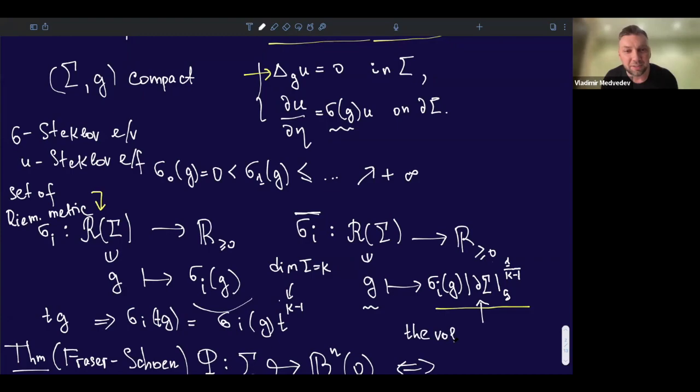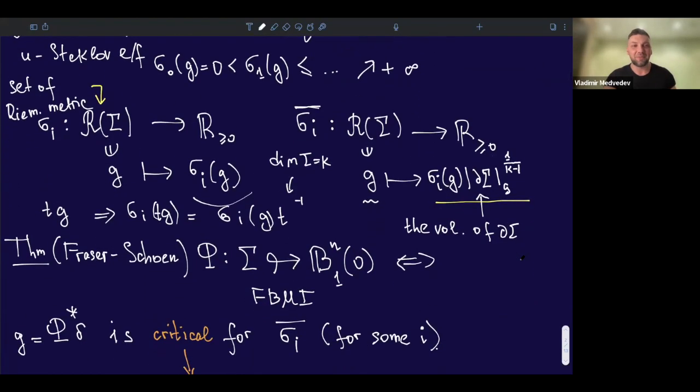Yeah, I think so. Yeah, thank you. T to the minus 1, right? Yeah, I agree. The volume of the boundary with respect to the metric g, and here I hope I write down the right exponent, right? Well, I think so.